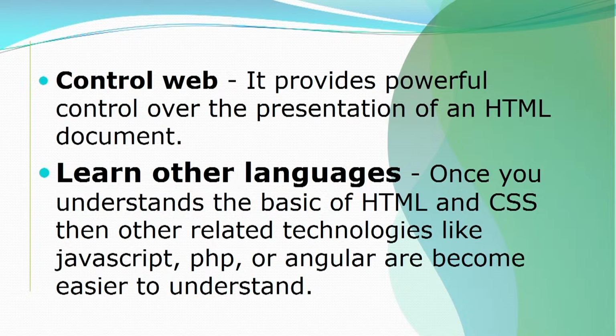So once we understand the basics of HTML and CSS, then other languages like JavaScript and PHP become easier to understand. The execution part, when we do some functioning in our website, is done by JavaScript, and CSS is for styling.